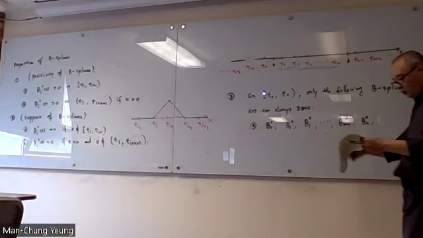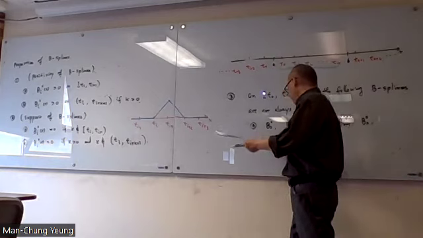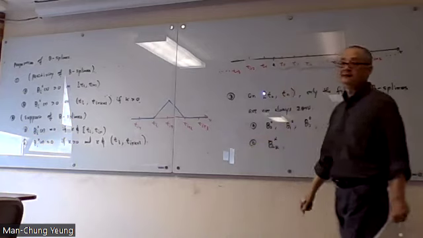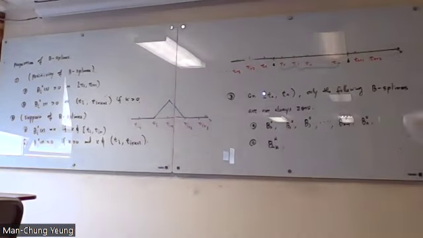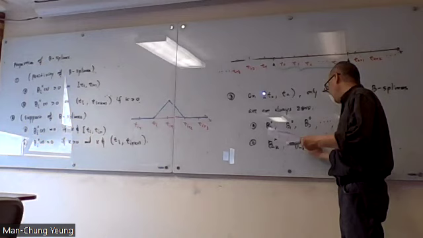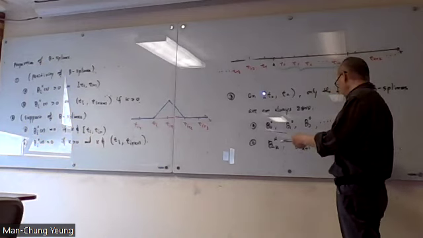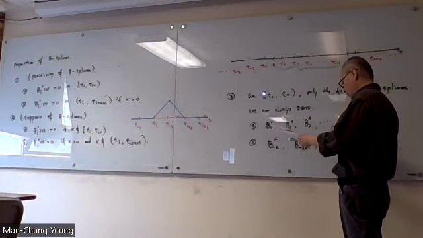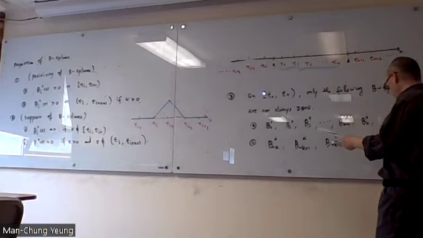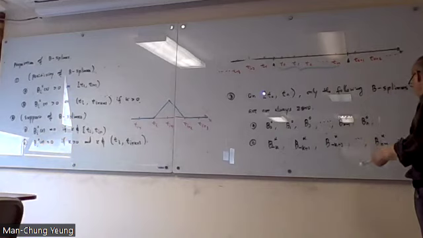How about k greater than 0? For k greater than 0, b negative k, non-zero; b negative k plus 1; b negative k plus 2, k; and then b n minus 1, k, if k is greater than 0.